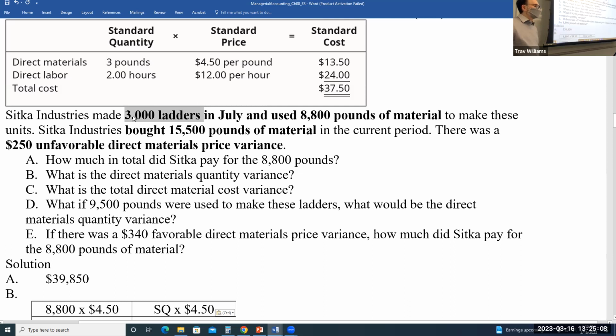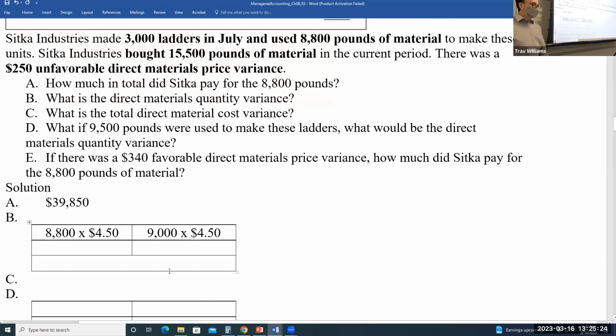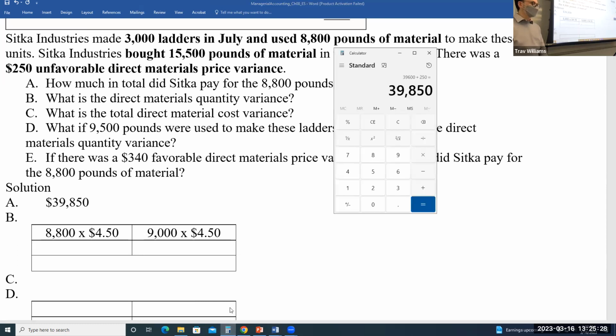So times 3,000 ladders, that would be 9,000 pounds of material. Okay, everybody okay so far? Any questions?